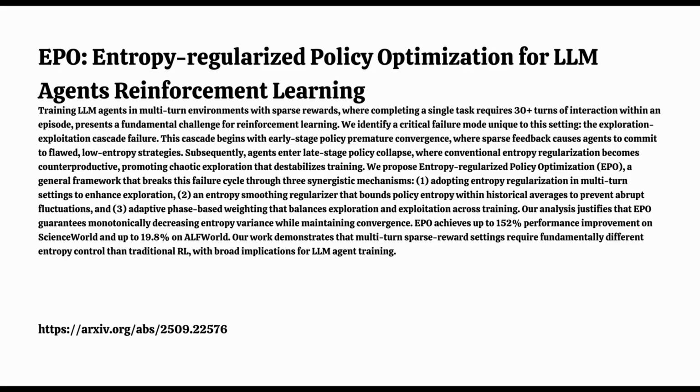It starts off encouraging more conservative exploration, enough to learn, but not so much that it locks into those bad early behaviors. Then it moves into a more balanced phase mid-training, and finally, towards the end of training, it shifts to strong stabilization to really help the agent converge reliably to a good policy. So it's tailoring the approach based on where the agent is in its learning journey. Precisely. It's designed to counteract the specific phases of the cascade failure as training progresses.